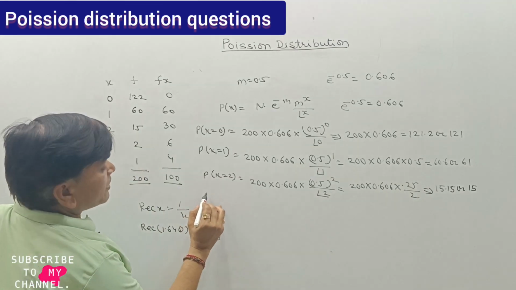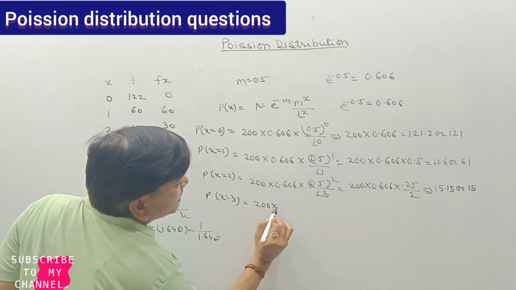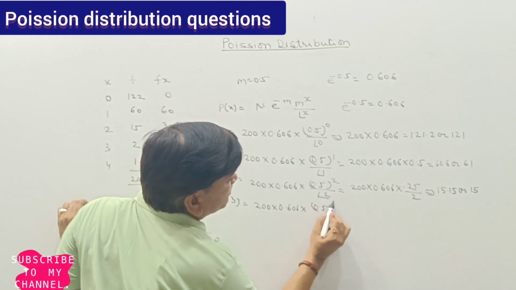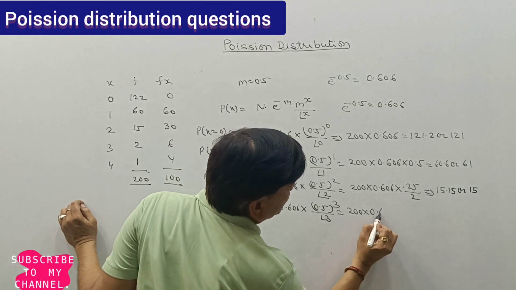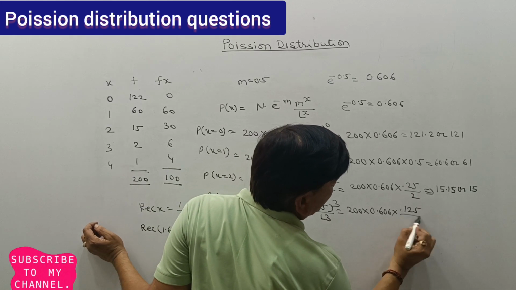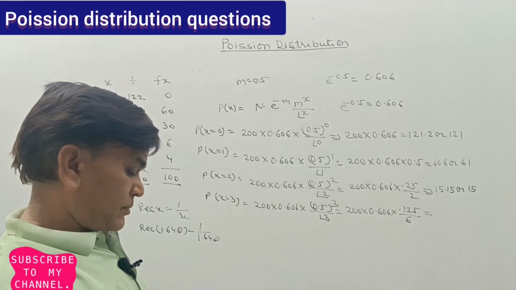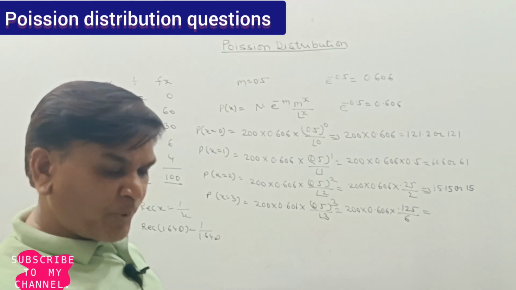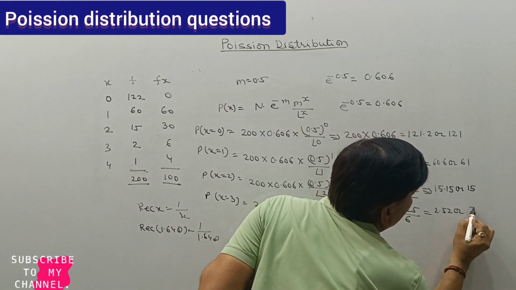And next, x is equal to 3: 200 multiplied by 0.606 multiplied by 0.5 raised to power 3 upon factorial 3, that is 200 multiplied by 0.606 multiplied by 0.125 divided by 6, which is 2.52, or we will write 3.